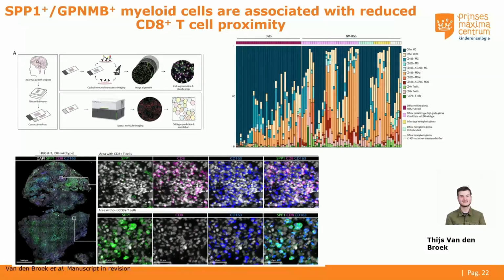The other way around, if there are hardly any CD8 cells like here, you see a lot of SPP1. So it's interesting to see if targeting this can make your T-cell therapy more effective. There is a continuous interaction between all the cells surrounding the tumor, but also with the tumor itself, obviously.